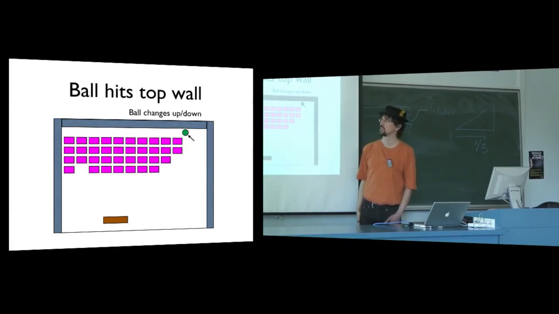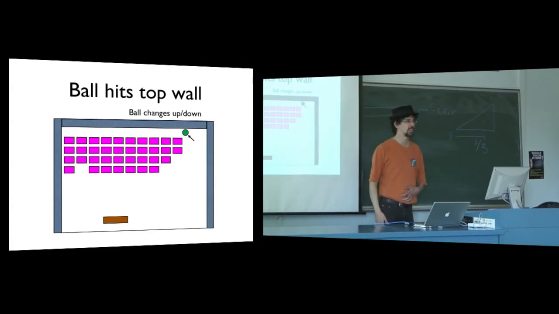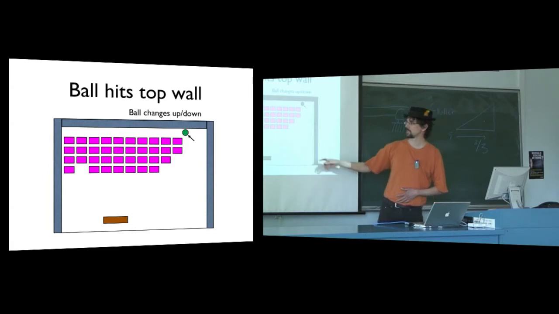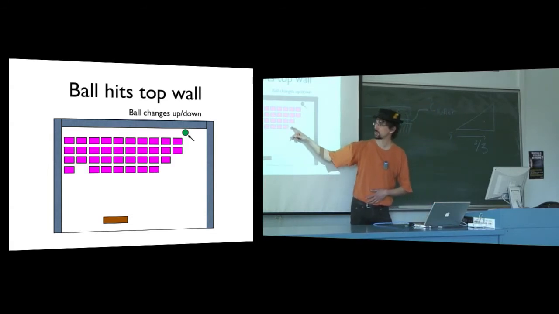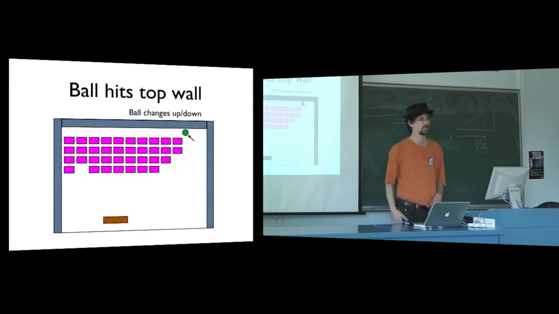The code doesn't need to know that they're any different. So this is nice, again, that it saves us having lots of separate cases in our code, because we can really treat the paddle, the bricks and the walls all as the same kind of object. Now there'll need to be some differences, of course, because they don't all behave exactly the same way. But in terms of collisions, we can treat them the same.